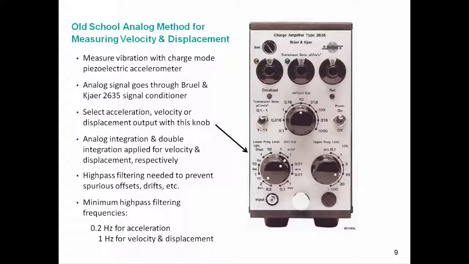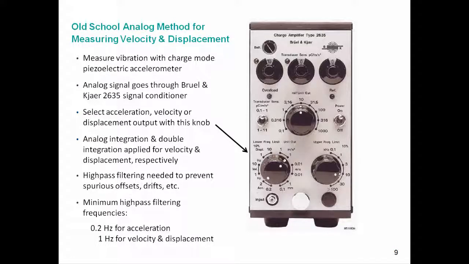And when we get further into integration, you'll see that it is necessary to do different types of either high-pass filtering or trend removals. And one of several reasons that is required is because when we're measuring acceleration, for example, and trying to integrate to velocity, we do not know what the initial velocity is. We just don't know that. So there's some precautions and things we need to do.